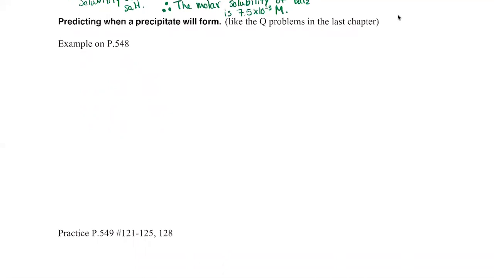The way that we solve these is very similar to the questions that we did with Q and K. So this time we're calculating QSP and comparing it to the KSP to see which one is bigger, to know whether a precipitate forms or does not form. We're doing the example from page 548 if you want to follow along in your textbook.